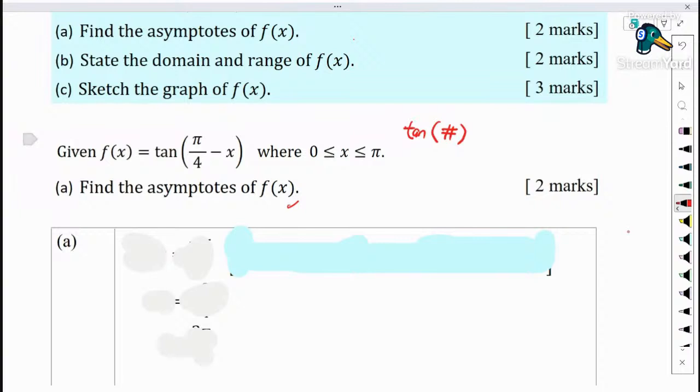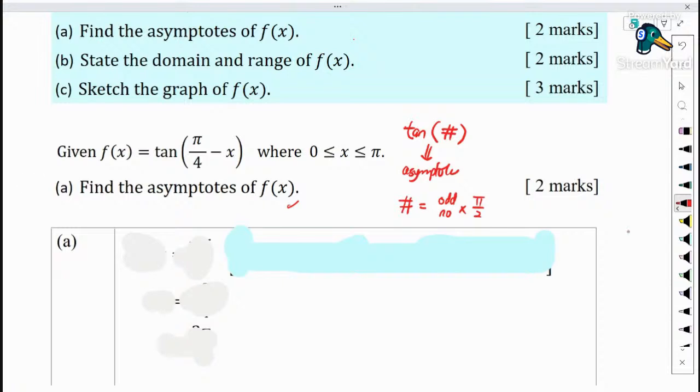Then for the case of asymptote, you will find out that an asymptote will always occur when the hashtag equals an odd number multiplied with pi over 2, or we say an odd multiple of pi over 2.